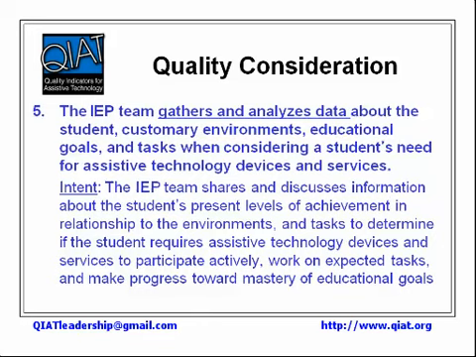Okay. On to quality indicator number 5. The IEP team gathers and analyzes data about the student, customary environments, educational goals, and tasks when considering a student's need for assistive technology devices and services.